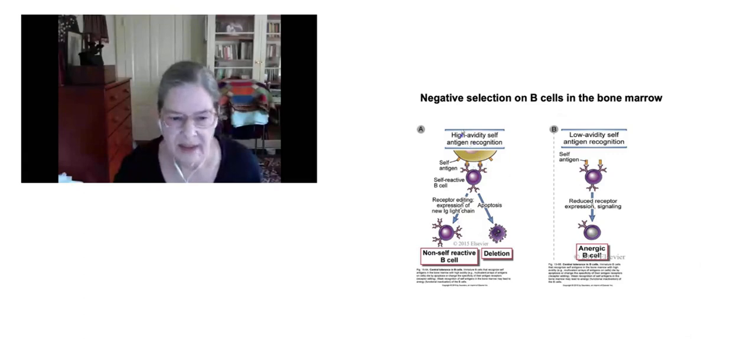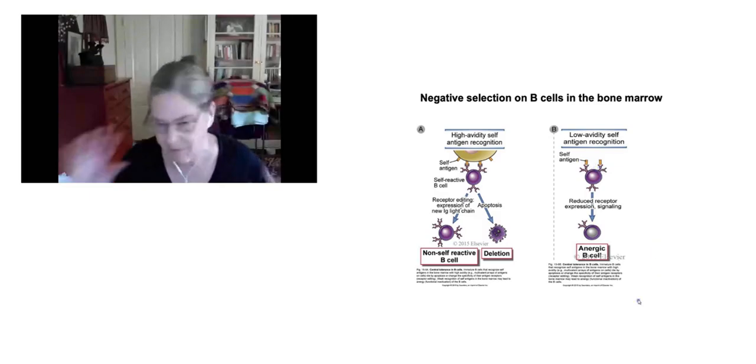So again, we have negative selection in the bone marrow, and, well, it's complicated, but you can have anergy happening with low avidity and low binding, but it's usually these are soluble proteins.